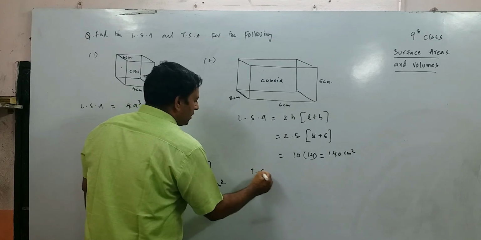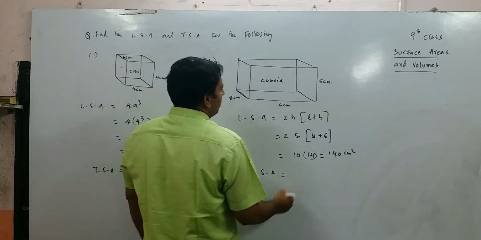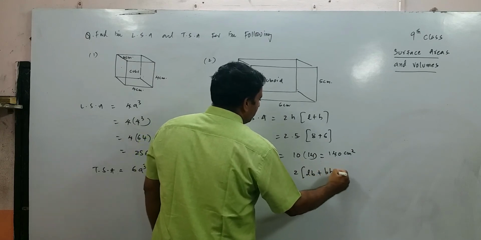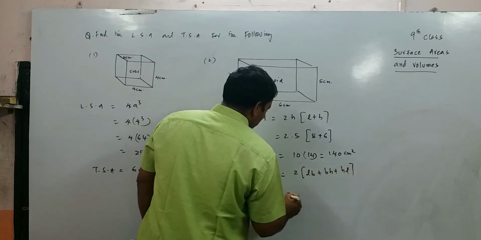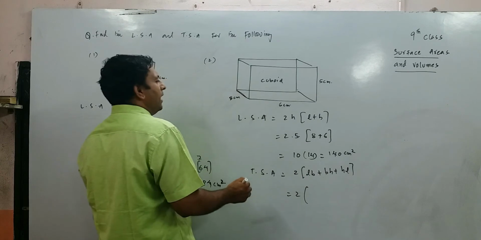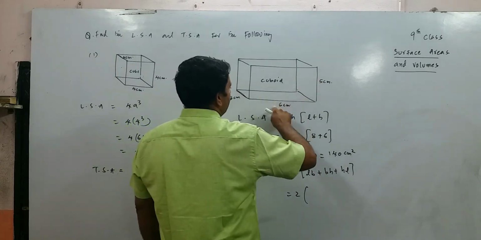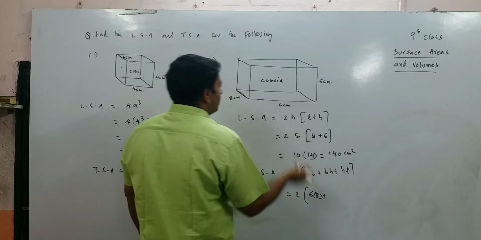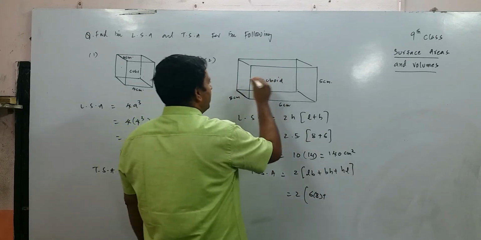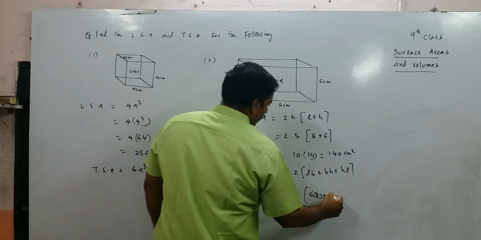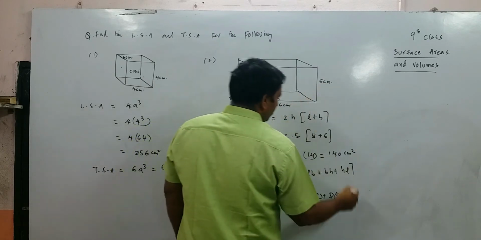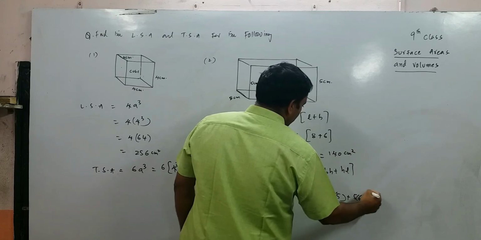Now if I deal with total surface area, what is the formula for total surface area? 2 into (LB plus BH plus HL). So it is 2 into LB. LB means length and breadth. 6 into 8 plus BH, breadth into height. Height is 5 centimeters. So 8 into 5 plus HL. HL is 5 into 6. Alright, brackets close.